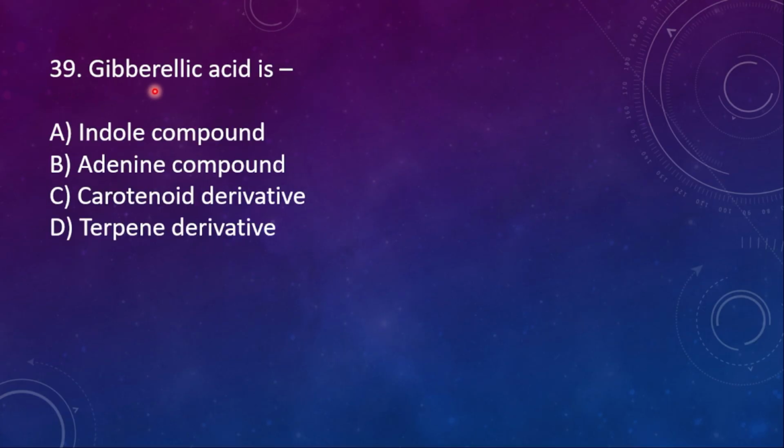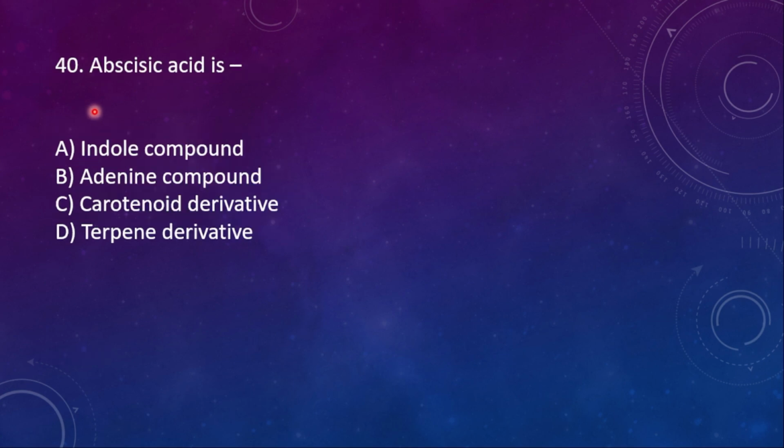39th one. Gibberellic acid is A, indole compound, B, adenine compound, C, carotenoid derivative and then D, terpene derivative. Here the right option is D. 40th one. Abscisic acid is indole compound, adenine compound, carotenoid derivative and terpene derivative.